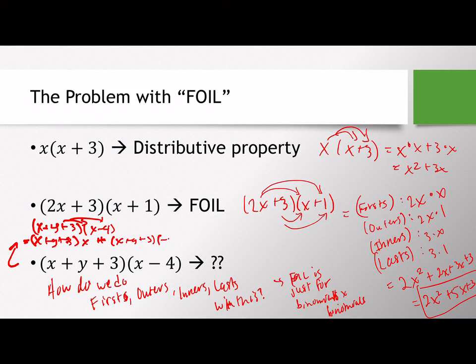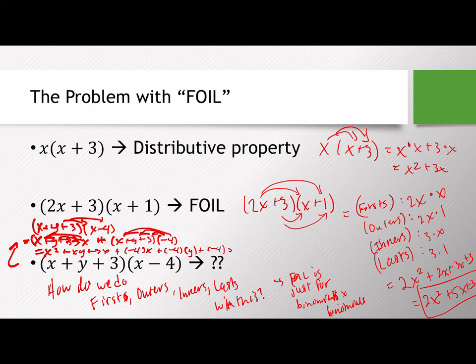And then we have to go back to here. x squared plus xy plus 3x plus negative 4 times x plus negative 4 times y plus negative 4 times 3.